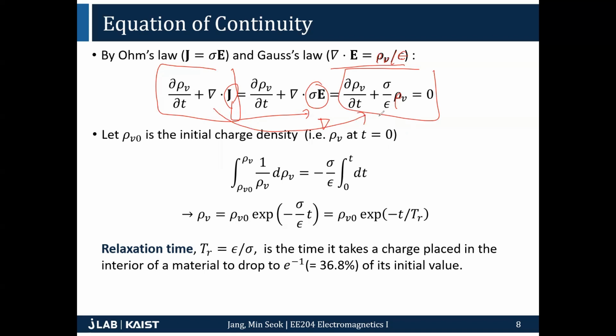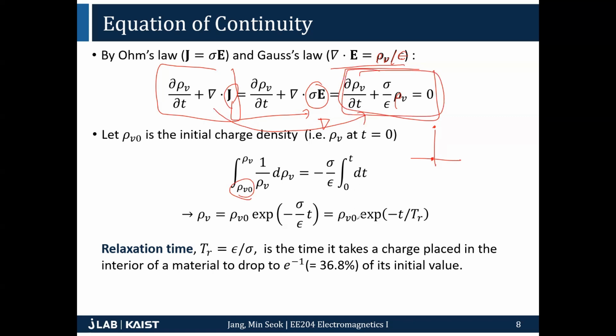Assuming that at a certain position in space the charge amount was rho 0, as time goes by this charge amount should decrease exponentially, and that exponential function can be obtained by solving this equation.